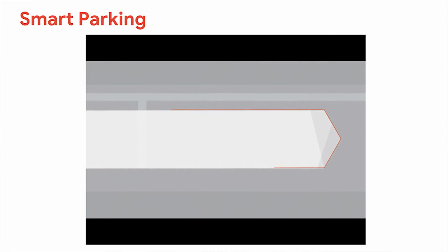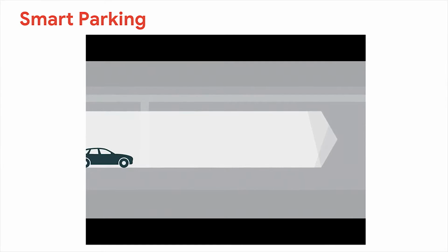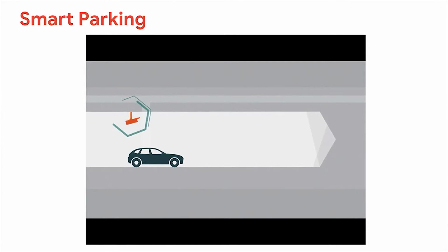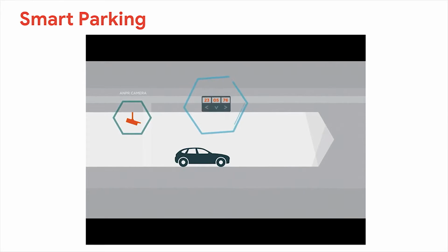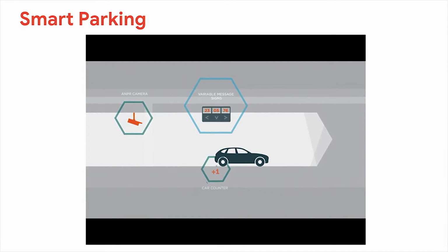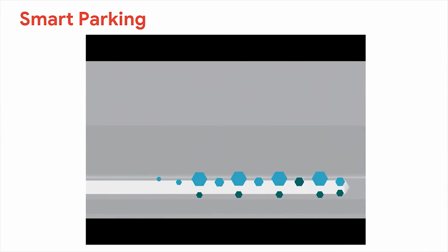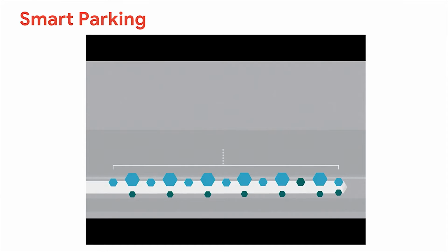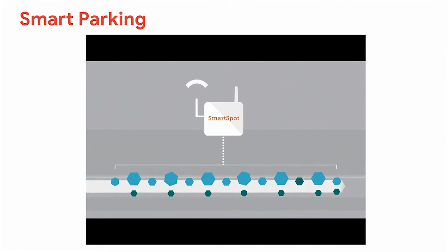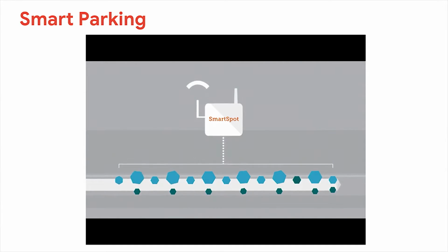First, we survey and assess which of our technologies is most suitable to record vehicle activity. This could be automatic number plate recognition, variable message signs, car counters, in-ground or overhead sensors, or a mix of all the above. These sensing devices are designed to relay live parking events to our SmartSpot units, which provide gateways for the data and act as zones of compatibility for other services.